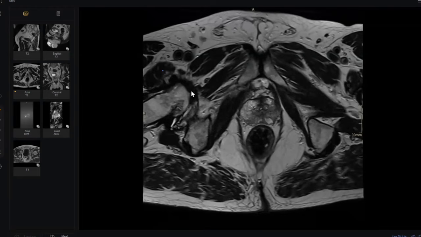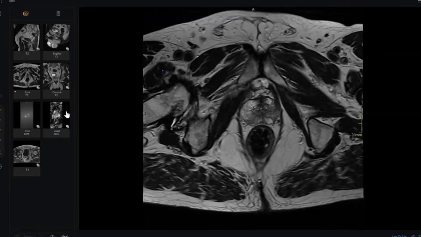I'm thinking that there might be a concomitant malignancy within the prostate gland, but I would like to see it further on the dynamic and contrast enhancement studies to check for malignancy within the prostate and to stage it further.